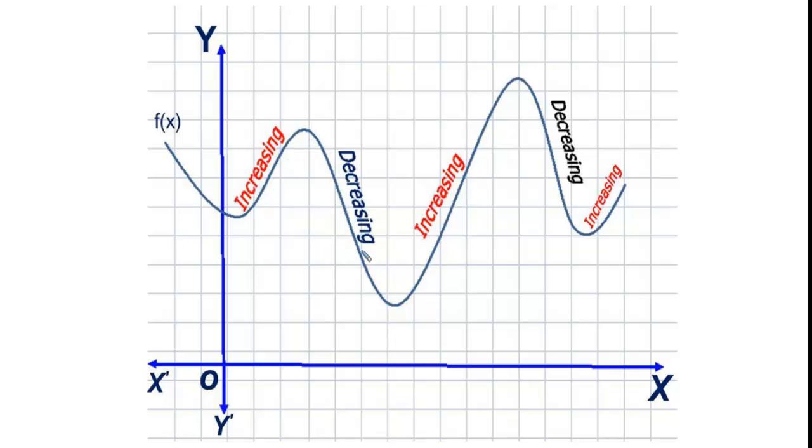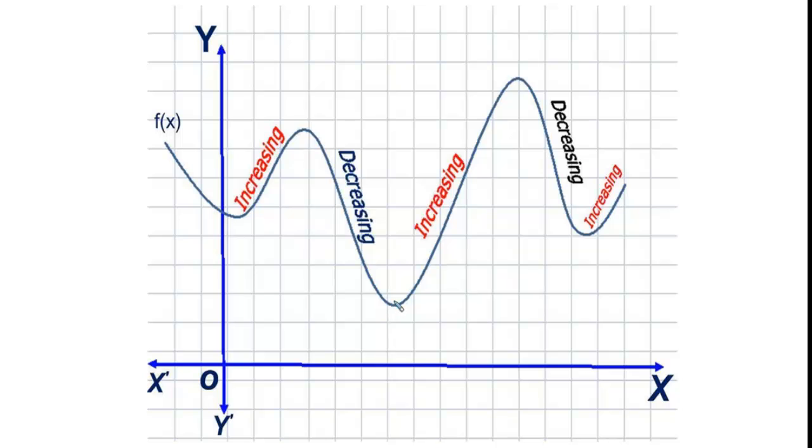In other words, we say that it reaches a point of maxima and then the values start receding. A stage comes when it again changes from decreasing to increasing function. In other words, we say that it reaches a point of minima.